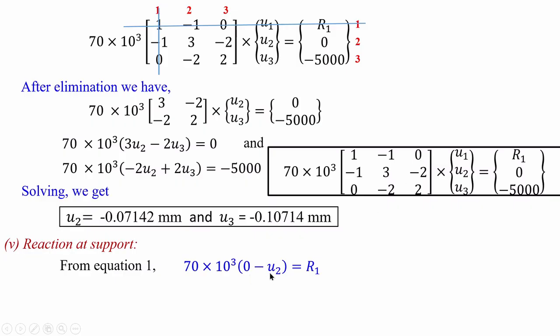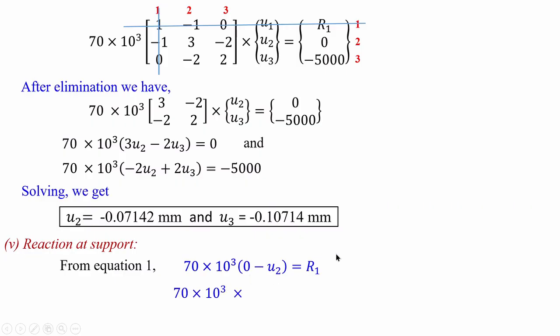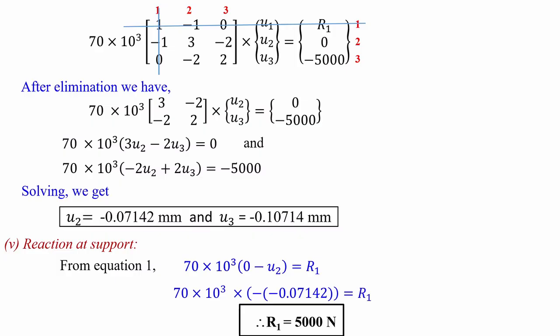So 0 minus u2 is equal to R1. Let us substitute the value of u2. So 17 to 10 is to 3 into 0 minus, then minus 0.07142, is equal to R1. When we solve, we get the value of R1, that is the reaction at node 1, equal to 5000 Newton. The positive sign indicates that the reaction acts towards the right.